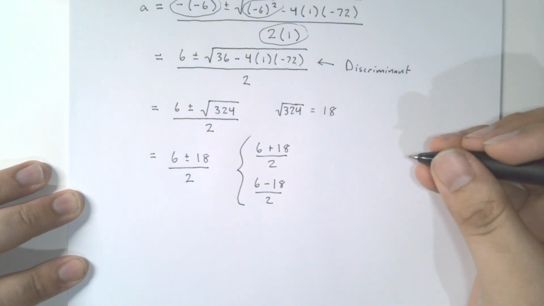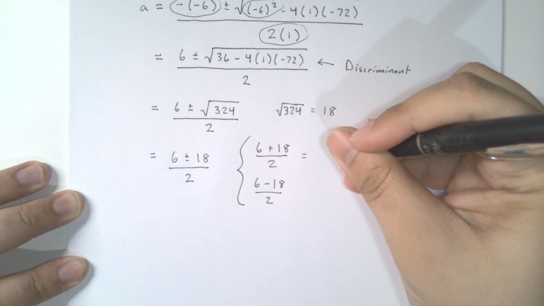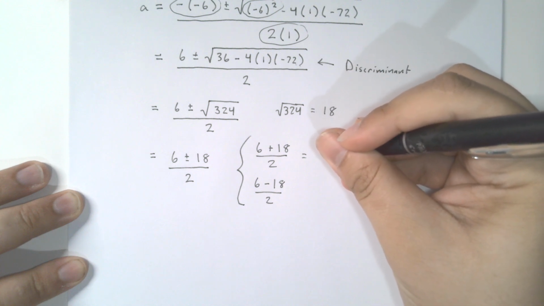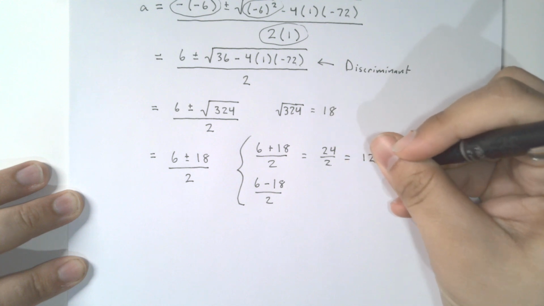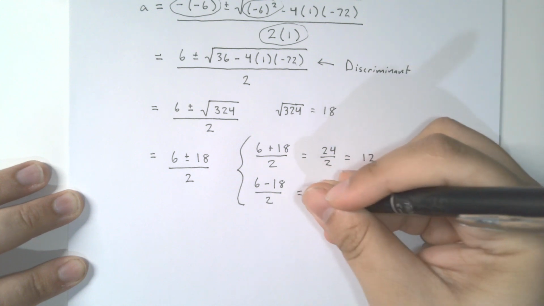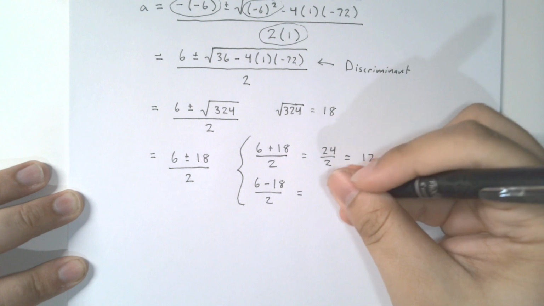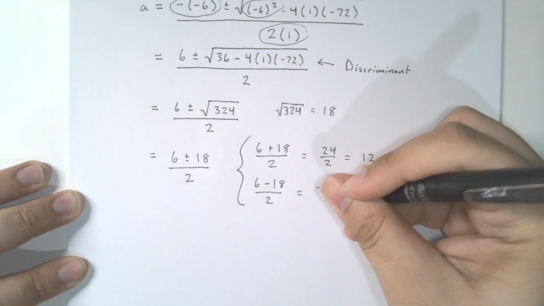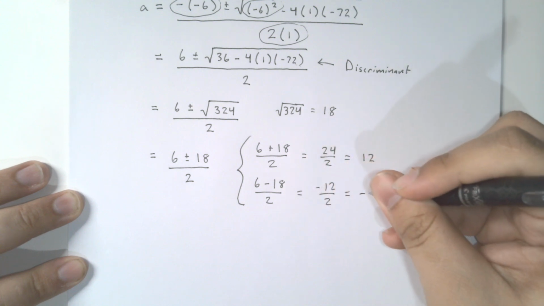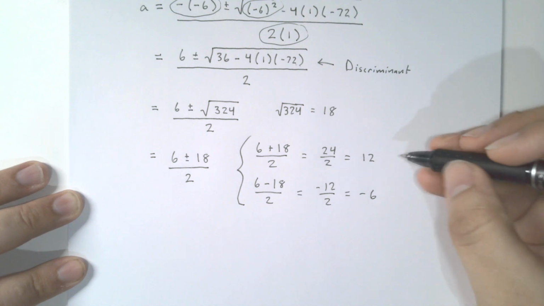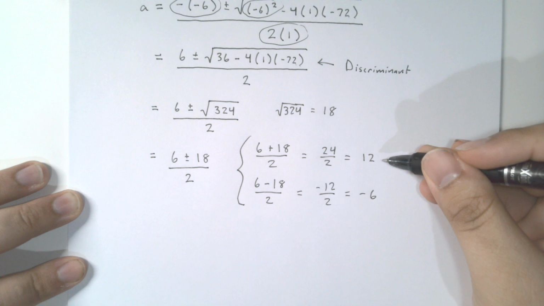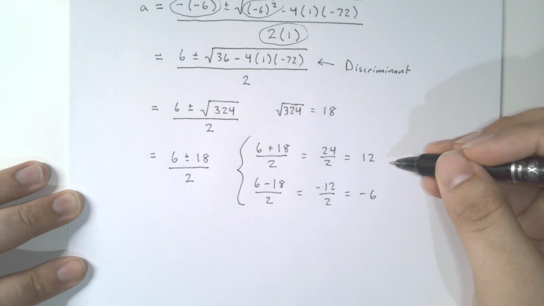If we calculate these, 6 plus 18 is 24, divided by 2, which is 12. And 6 minus 18 is negative 12 divided by 2, which is equal to negative 6. So these are the solutions to our quadratic.